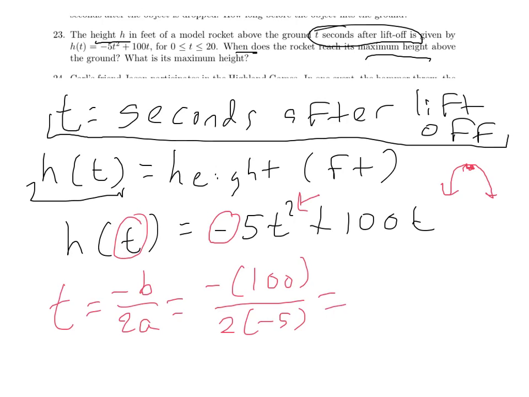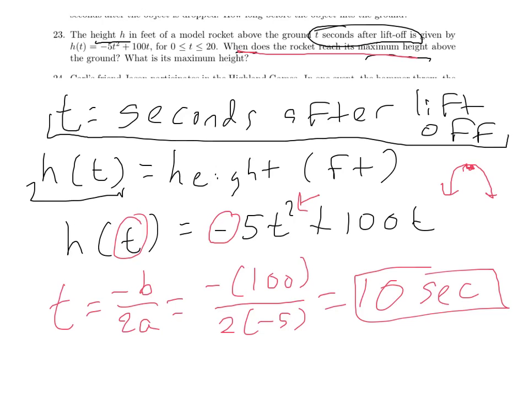So we end up with negative 100 divided by negative 10, and after you clean all that up, you get 10. So in words we write: after 10 seconds the rocket will have reached its maximum height. So we just answered this first part, the when.